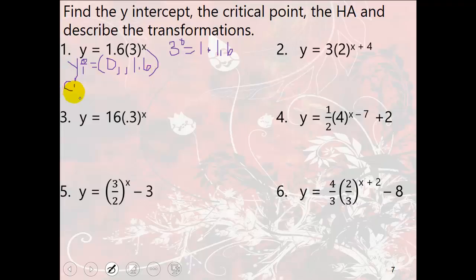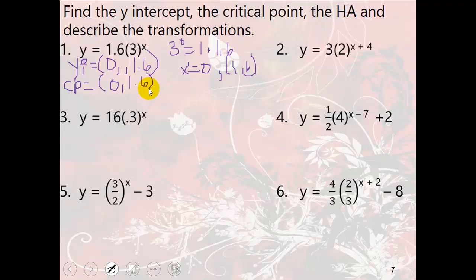For my critical point, I have to do it a little bit differently, but in this case, it's going to give me the same value. I set x equal to 0, and then I plug it back in, and I get 1.6 again. This is one of those cases where the y-intercept and the critical point are the same point.